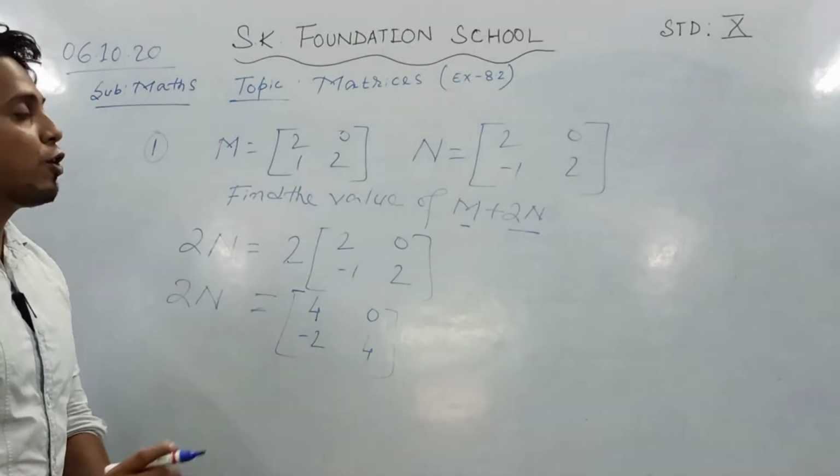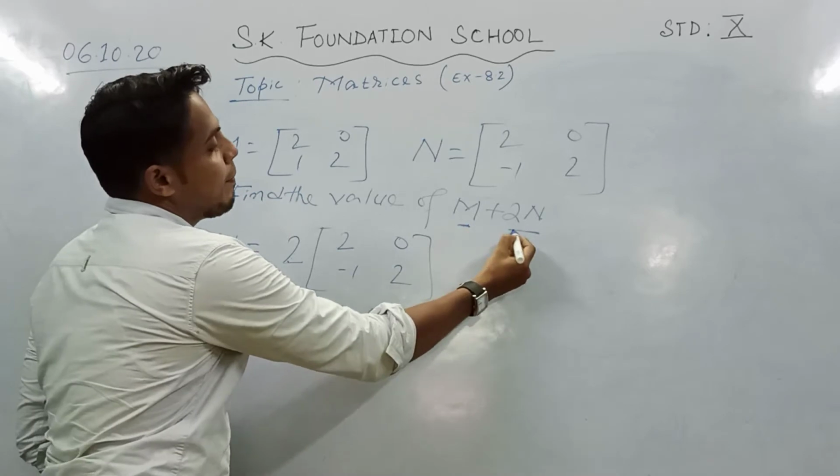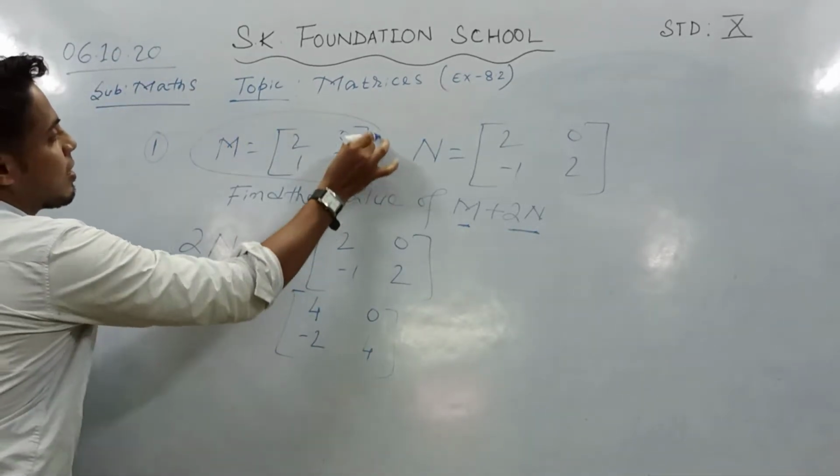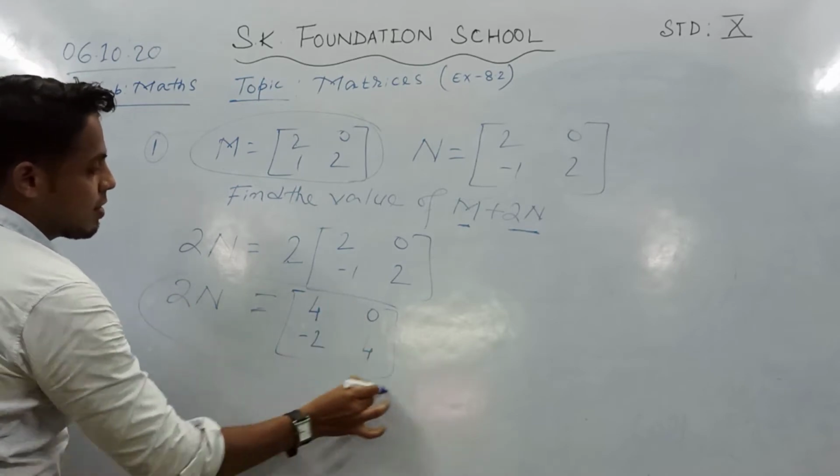Now we are going to find the value of M plus 2N. That means we are going to add this matrix and this matrix.